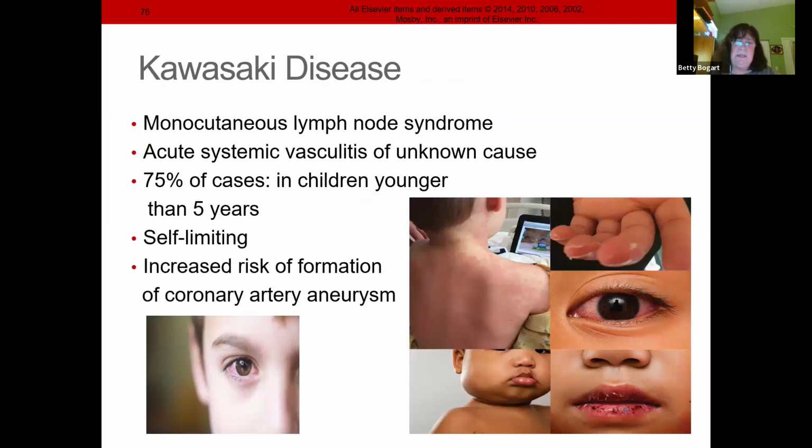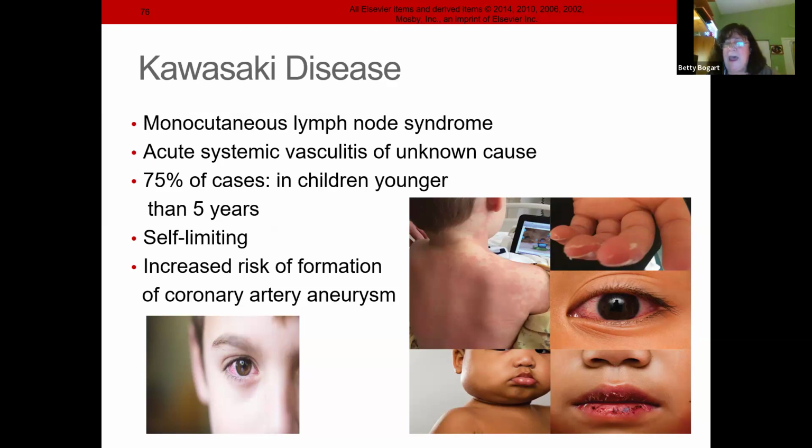Kawasaki disease is a viral illness. It's called a vasculitis, where the vessels get swollen and inflamed. And what we're concerned about is coronary artery aneurysms. Now, these kids usually come in with fever.